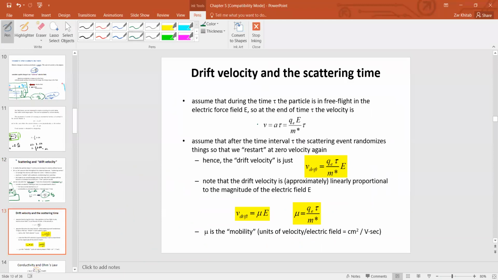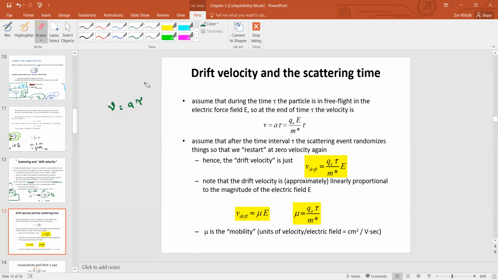What's the velocity? The velocity is the acceleration multiplied by the scattering time, because that's the only time in which the electron is moving effectively against the electric field. That's why you consider only the scattering time.